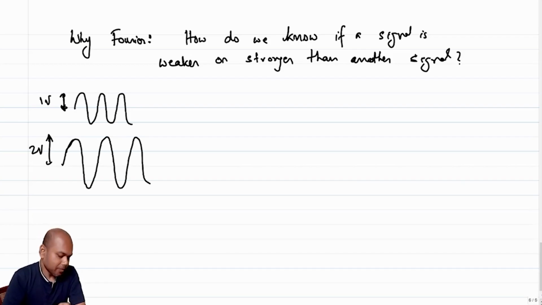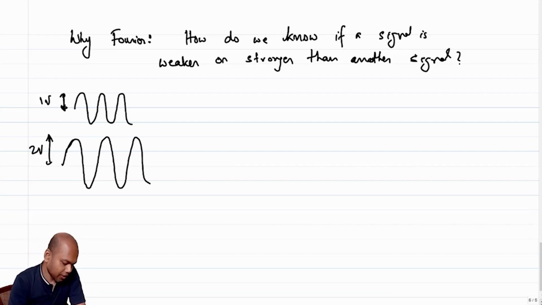But how do we know one signal is stronger than the other? We know that because the power content of one signal is higher than the other. What do I mean by power content? So let's assume that this is a voltage across a resistor of value R. What is the power dissipated?